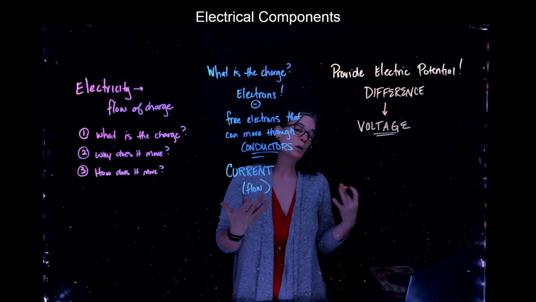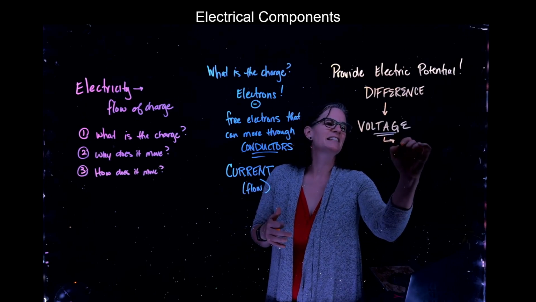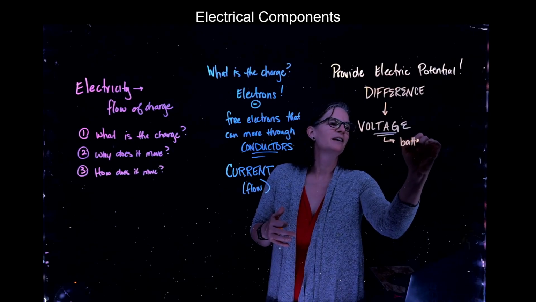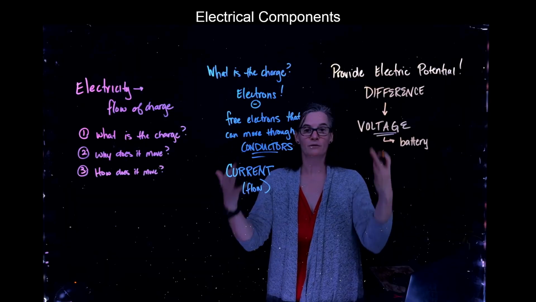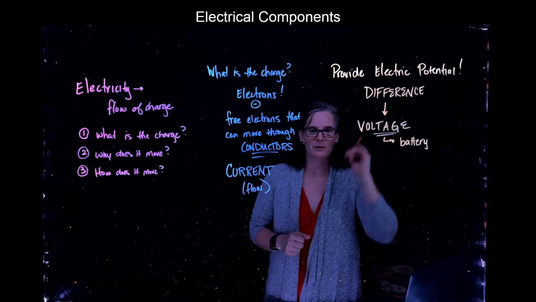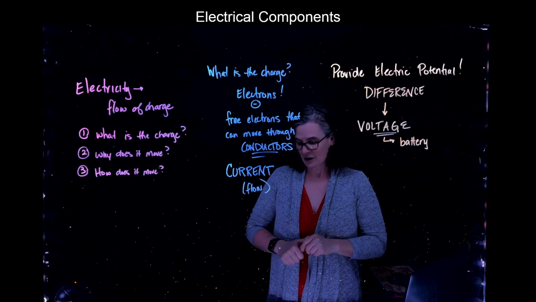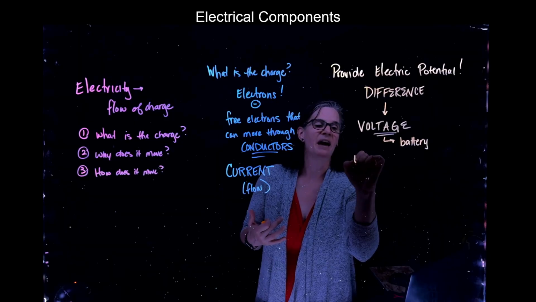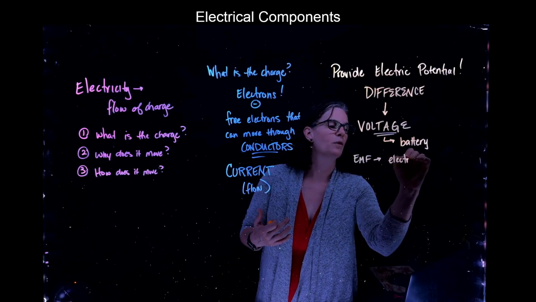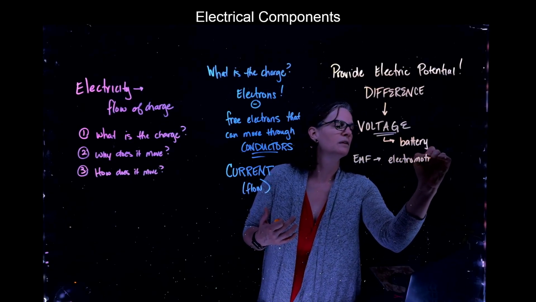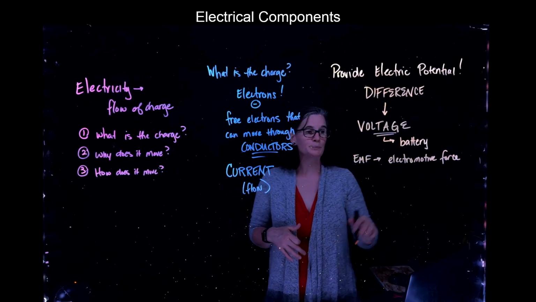And what we will use in most of our discussion is often what we think of as a battery. The battery provides the voltage. You have a 9-volt battery or a 3-volt battery. More generically, we call this an EMF, which stands for electromotive force. That is another name that you're going to hear.